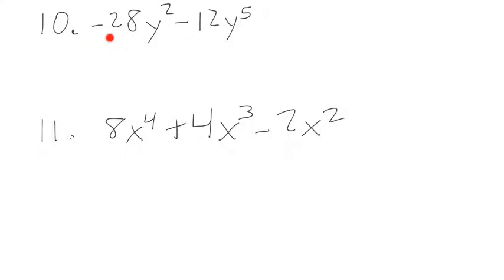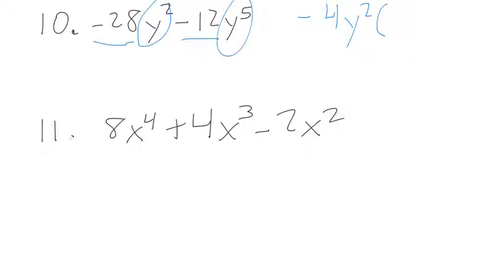Both of these are negative, so we have a negative as a common factor. What's the GCF of negative 28 and negative 12? Negative 4. And we have a y squared and a y to the 5th, so the GCF would be y squared.